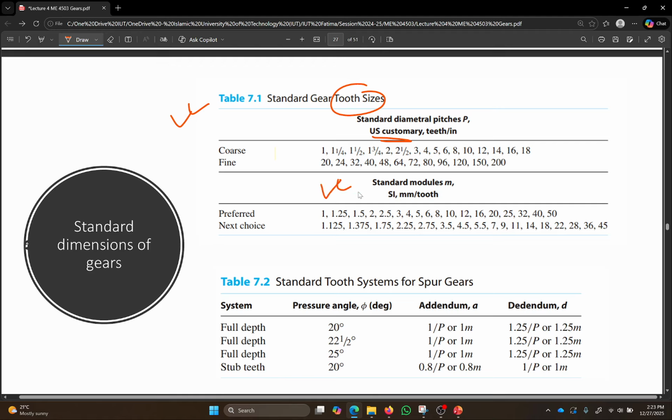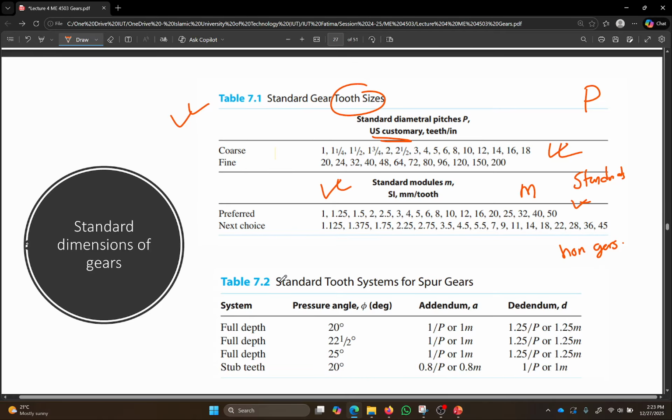Only these values of diametral pitch and module are the standards, and they follow the relationship. Gears having any other diametral pitch or module are non-standard gears, and you cannot interchange them.